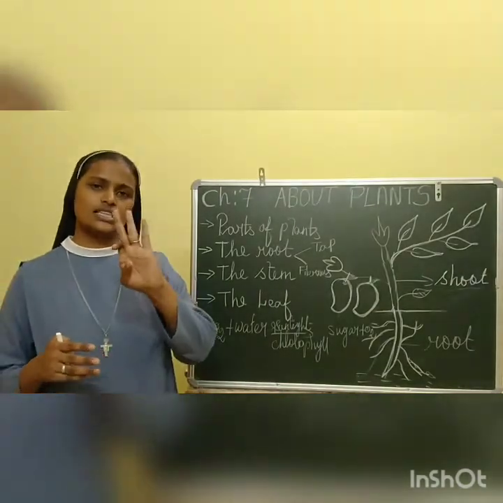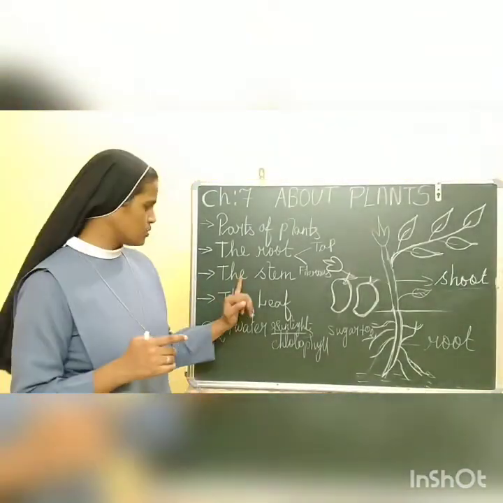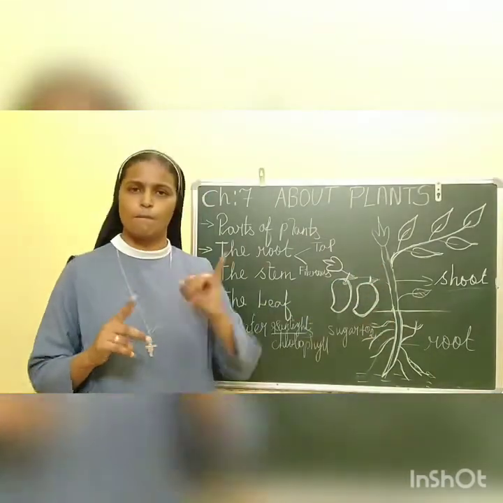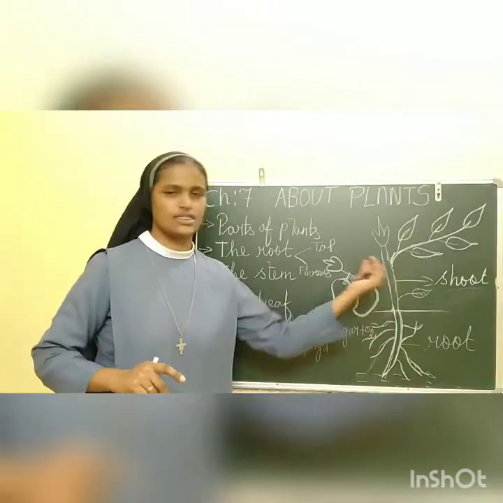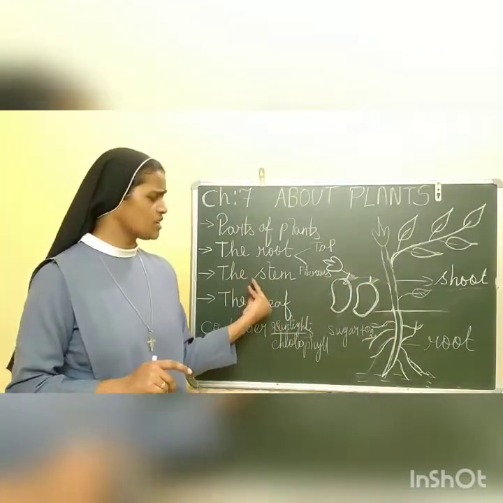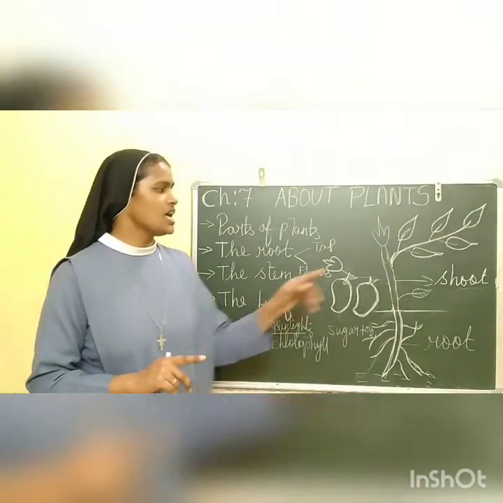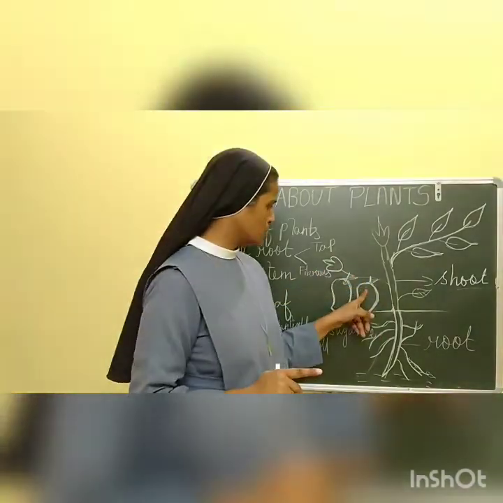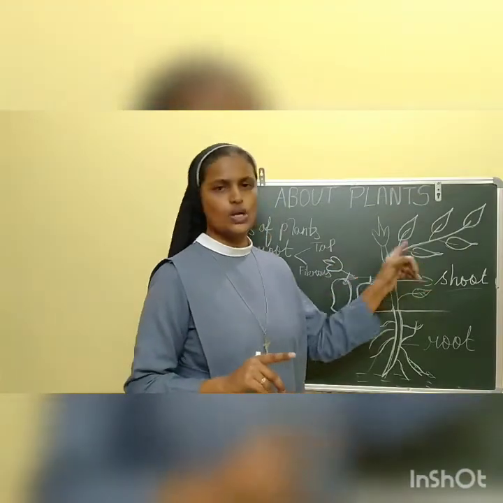Next we are going to see about the stem. Stem has three main functions. First, it supports the plant because it's very thick. The second function of the stem is that it bears fruits, flowers, and also leaves.